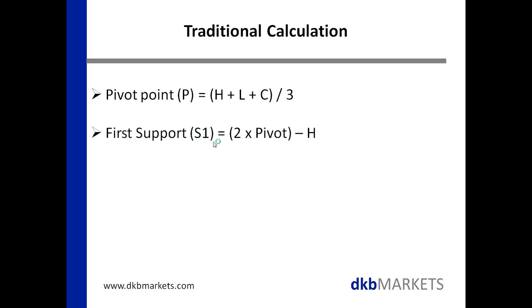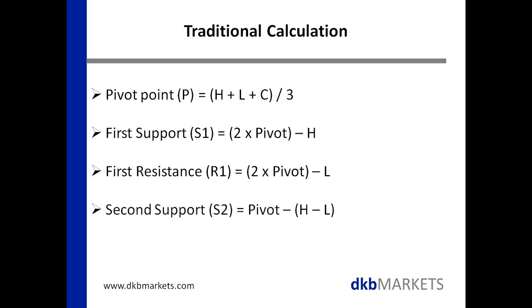Now, the first support, or S1, is 2 times the pivot point figure just calculated minus the highest price from the previous trading day. The first resistance, or R1, is 2 times the pivot point minus the lowest price from the previous trading day.